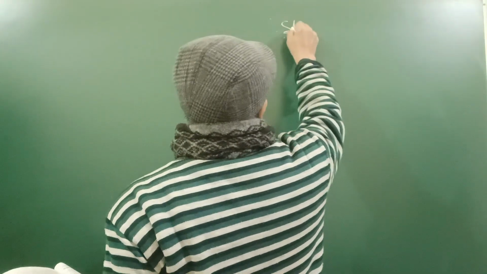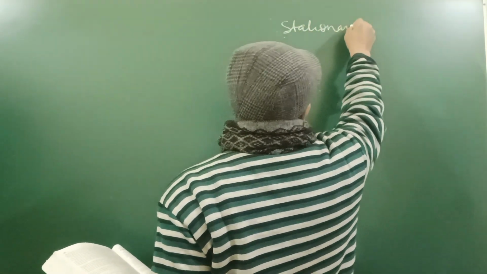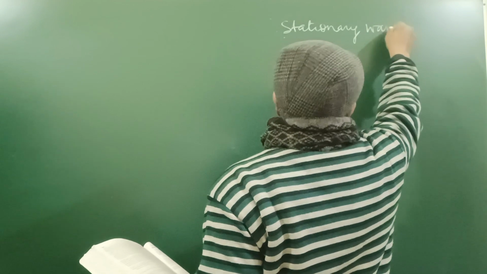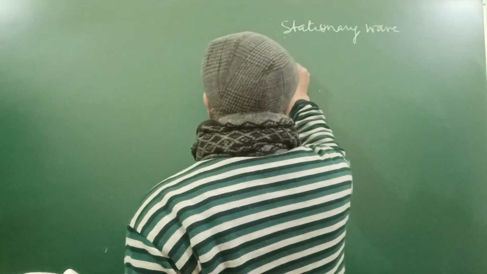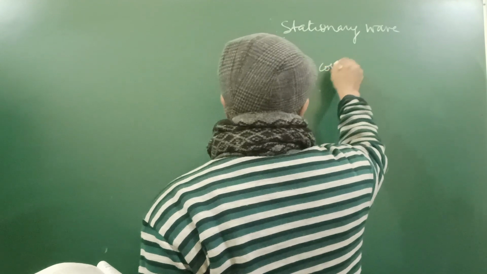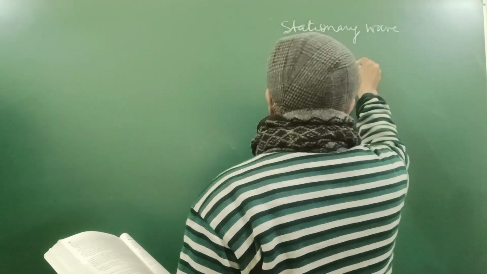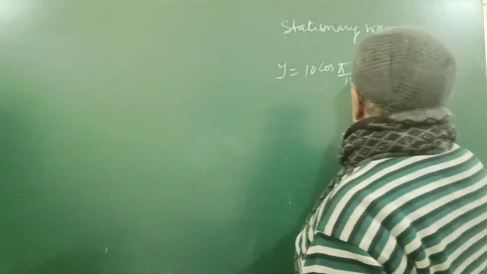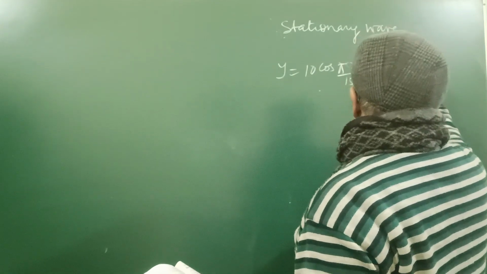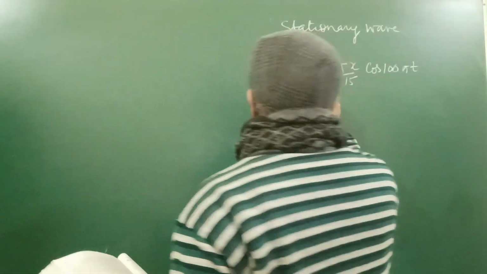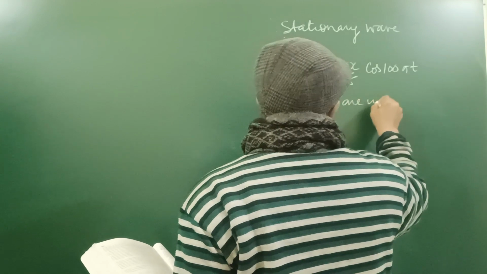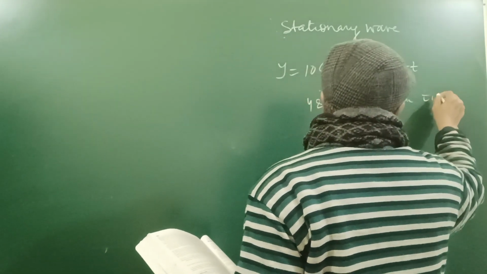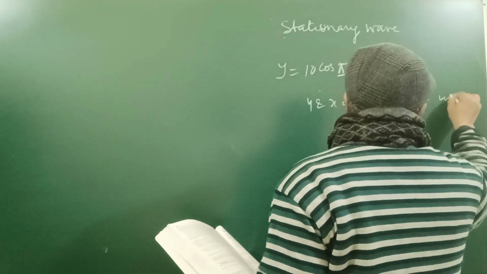The equation of stationary wave is given by y equal to 5 cos (pi x upon 15) and cos 100 pi t, where x and y are in centimeter and time t in seconds.